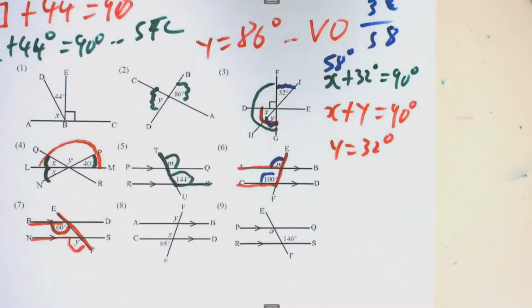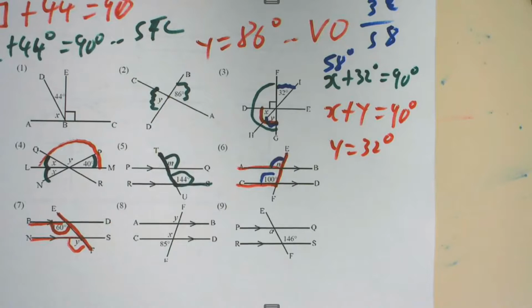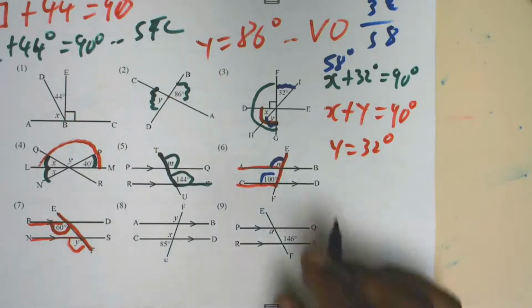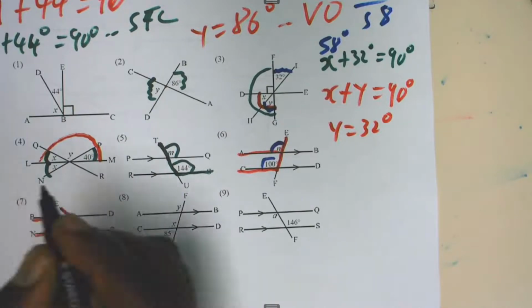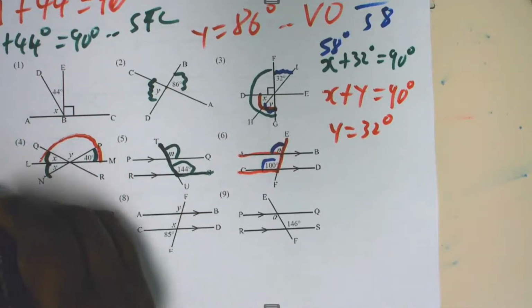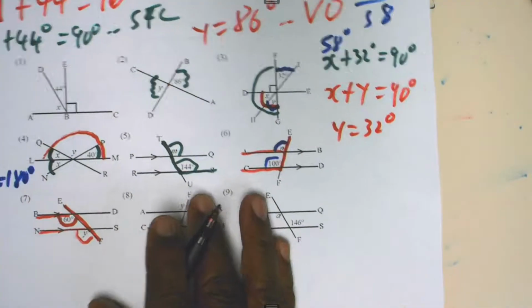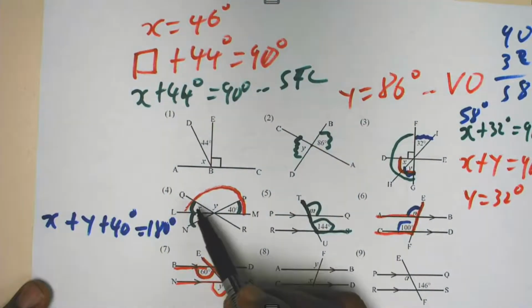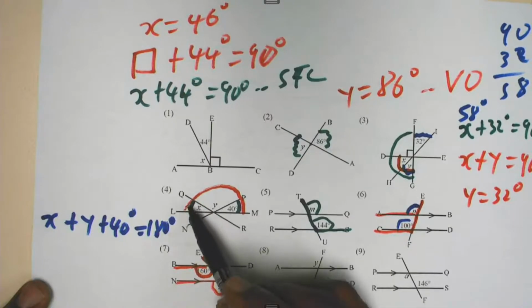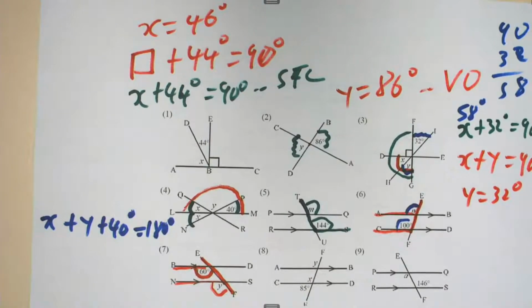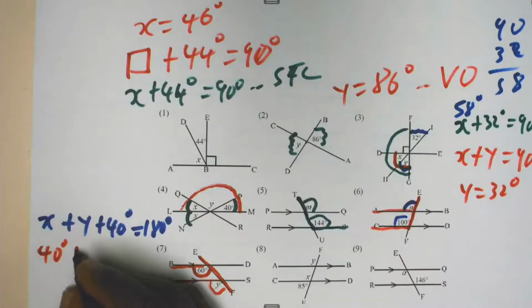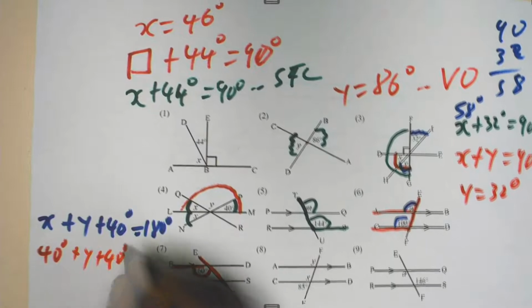Straight line angles. Straight line angle: x plus y plus 40 degrees equals 180. But now we know x is equal to 40 degrees, so 40 plus y plus 40 degrees equals 180.